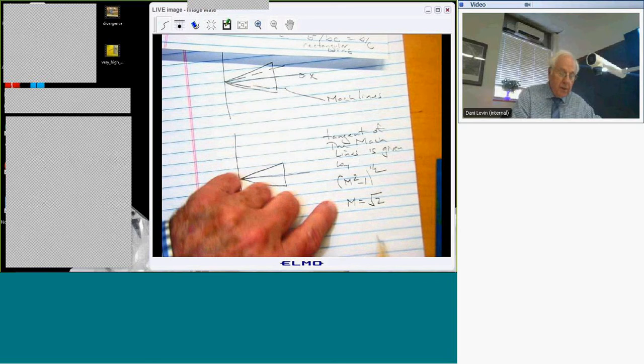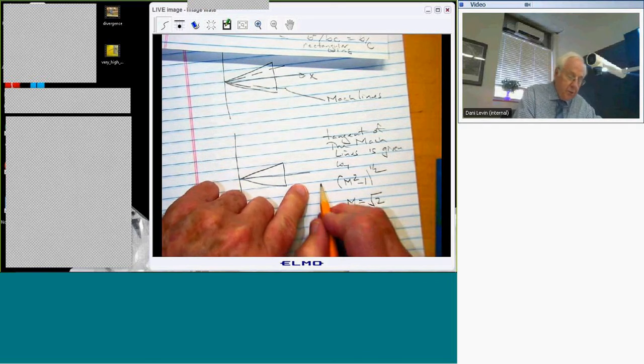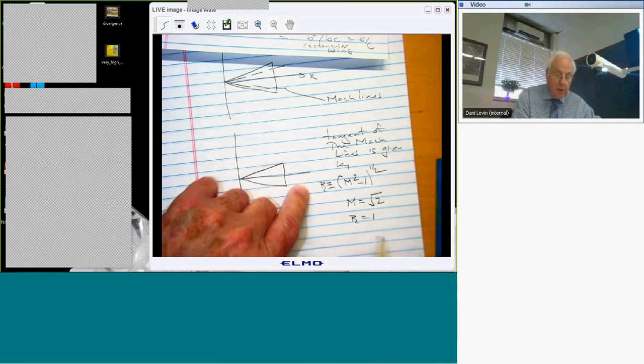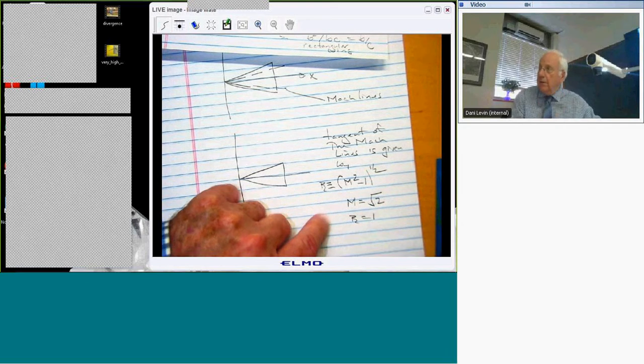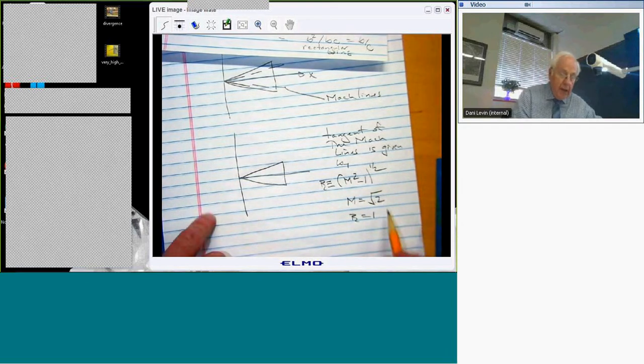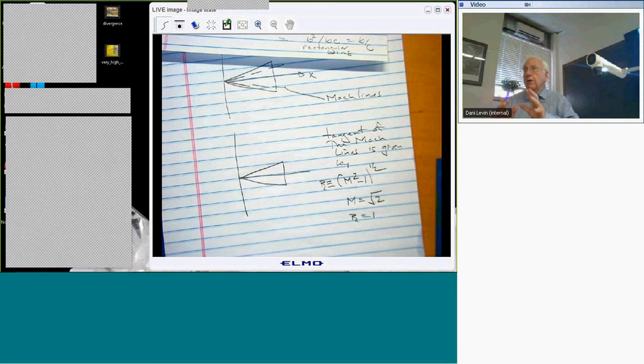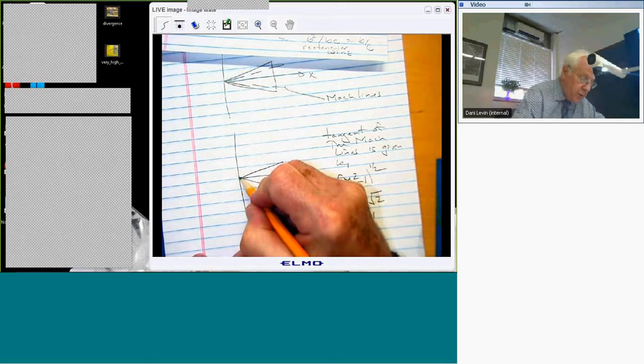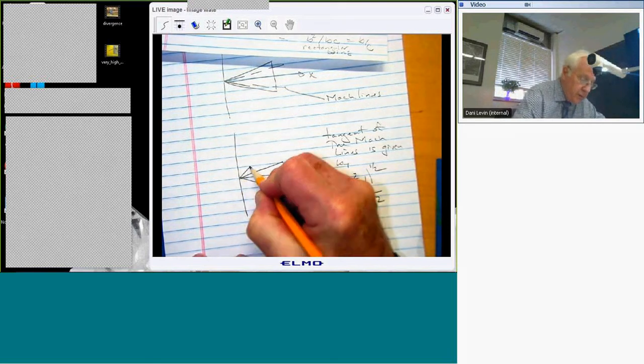Because if the Mach number is equal to the square root of 2, if I call this beta, then beta, of course, is 1, because this is 2 minus 1. So in that case, the Mach line tangent is 1, therefore the Mach lines are 45 degrees, right? Plus or minus. So I think I can almost draw a 45-degree line.